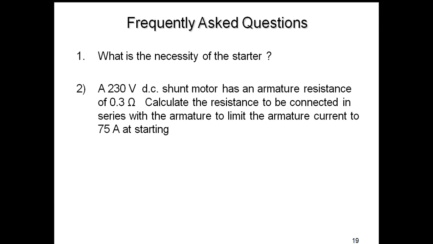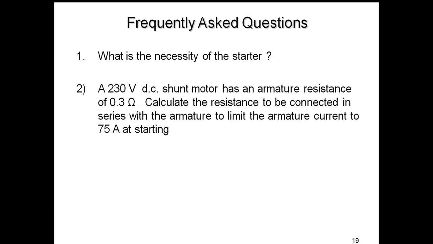Now let us see the frequently asked questions in this presentation. First one is, what is the necessity of the starter? And the second one is a problem: a 230-volt DC shunt motor has an armature resistance of 0.3 ohms.